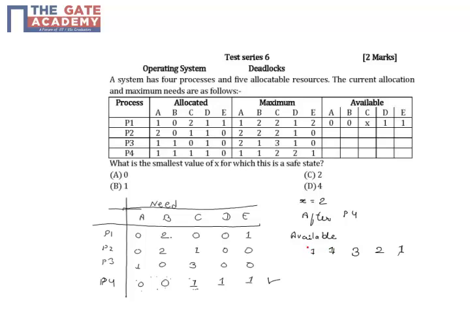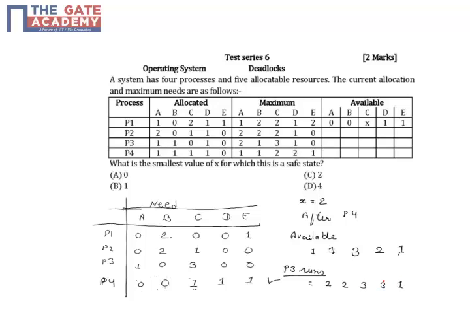Now you see after P4, P3 can run, just because P3's requirement is less than or equal to the available. When P3 runs, my available will be equal to the allocation of P3 plus available, and it will become 2 2 3 3 and 1.